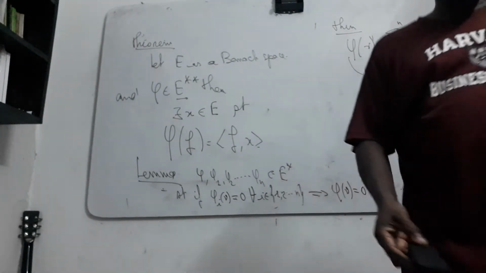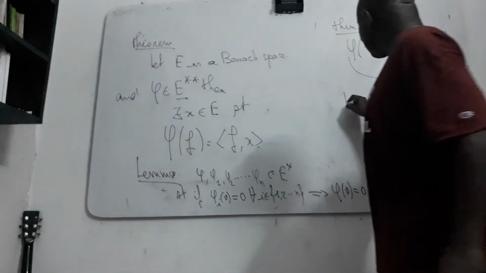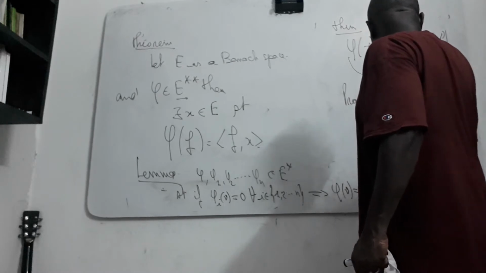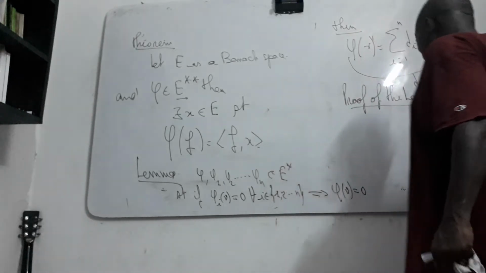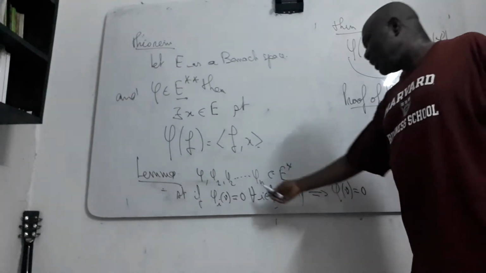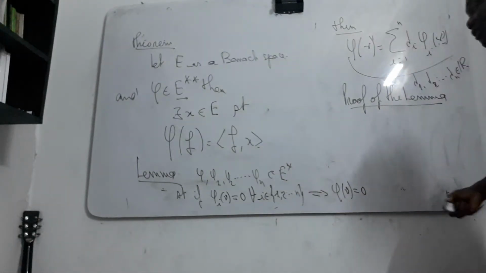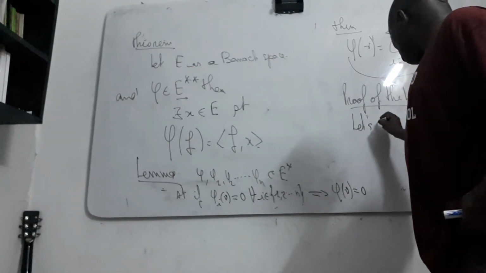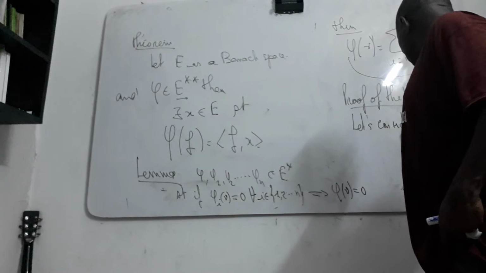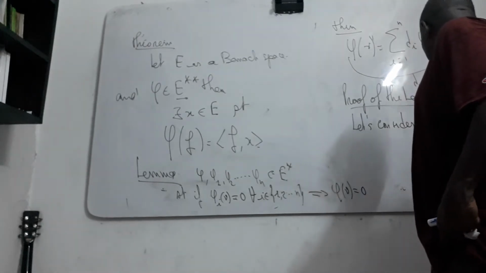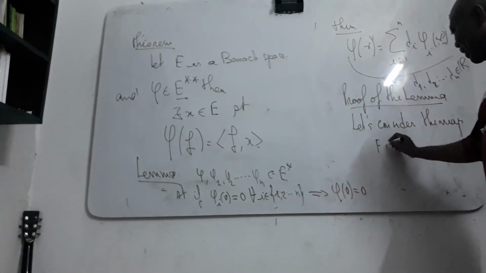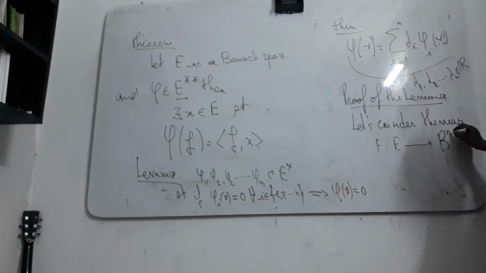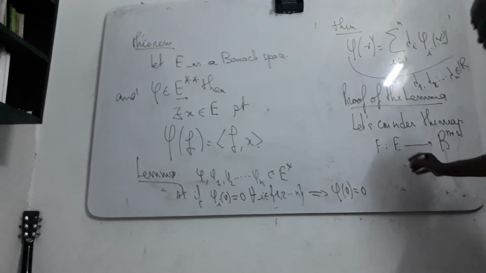Well, we prove first of all the lemma. For the proof, we suppose that you take this kind of function. So, by default, let's consider the map f like this from E into R^(n+1).